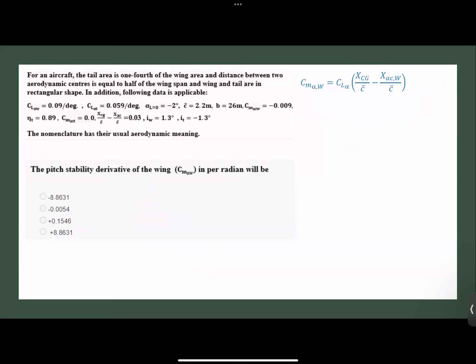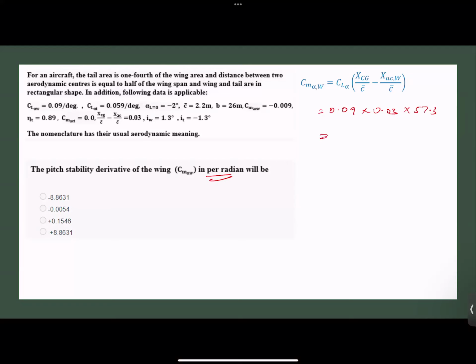Next is the CM alpha contribution of the wing. Here I don't have the formula; this should be just direct substitution. It asks you in per radians, so you have to multiply by 57.3.